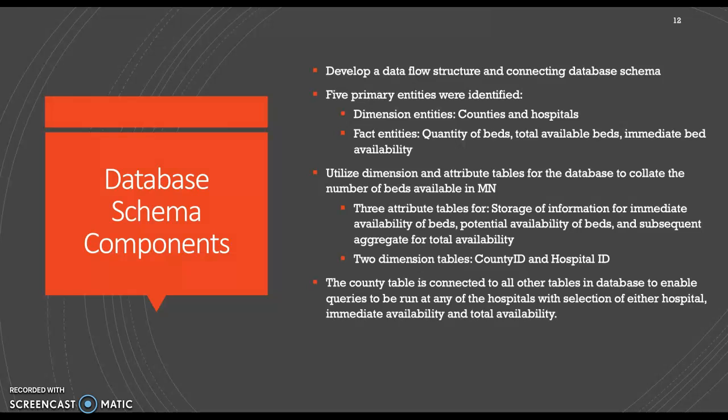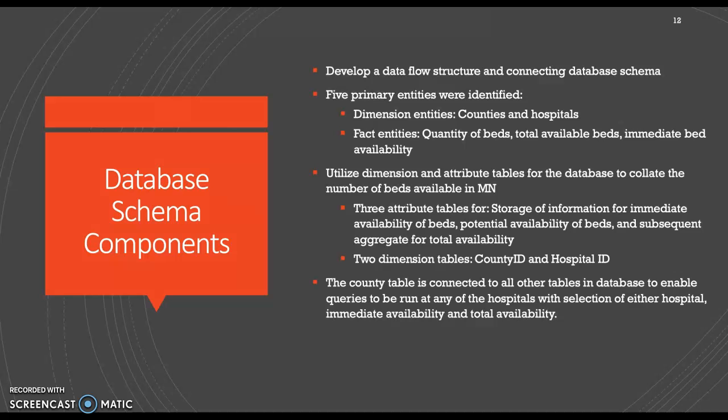So the database schema components. This begins with developing a data flow structure and connecting database schema. Five primary entities were identified: dimensional entities like counties and hospitals, and then fact entities like quantity of beds, total available beds, and immediate bed availability.